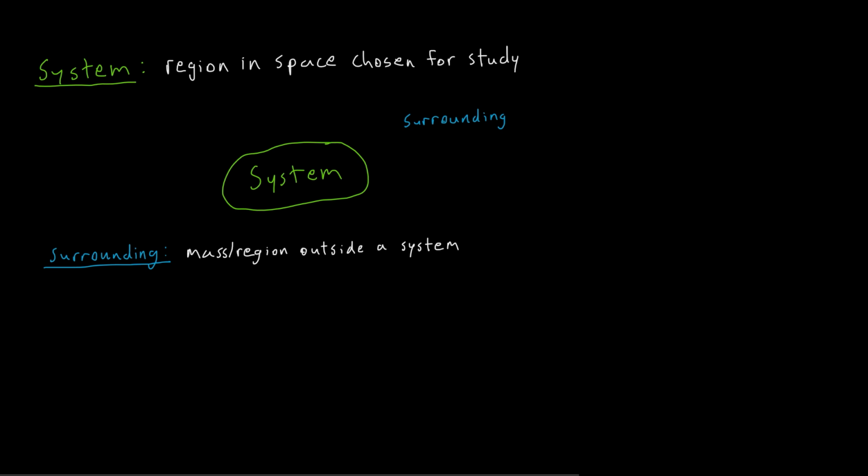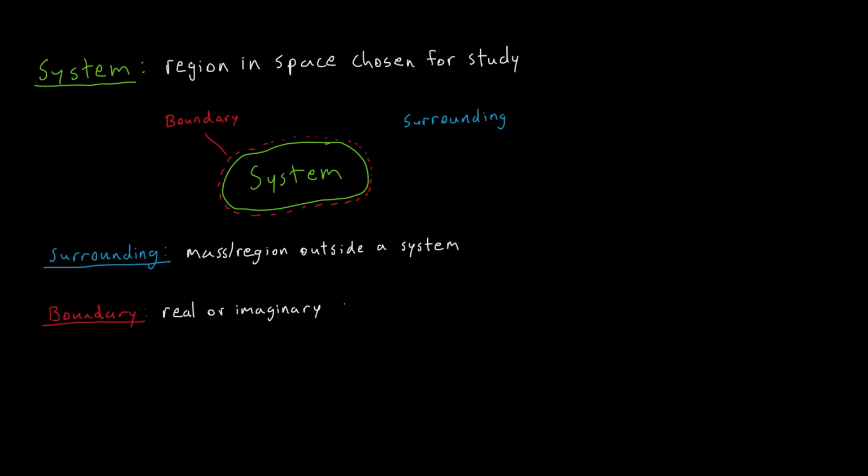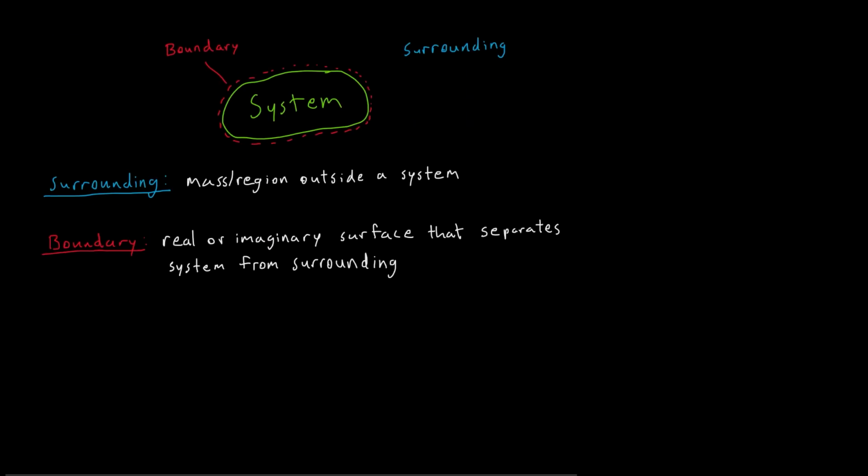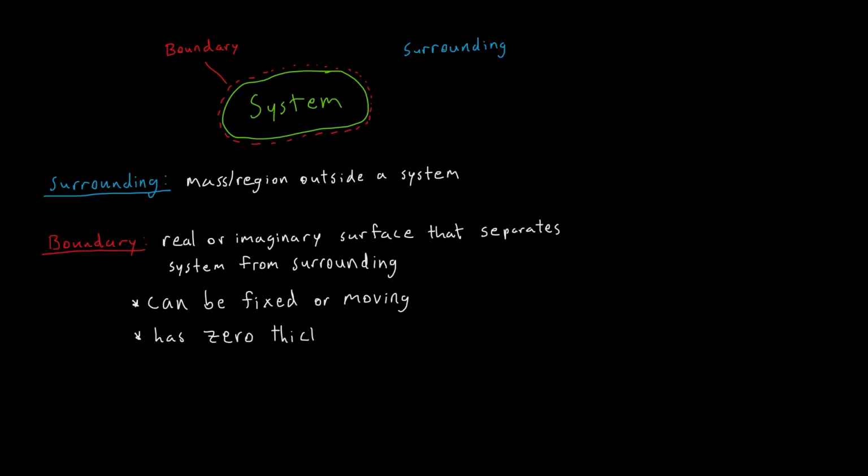The next thing we have, particularly between the system and the surroundings, is the boundary of the system, which, like the name suggests, is a real or imaginary surface that pretty much borders the system and separates it from the surrounding. And note that boundaries can either be fixed or moving, and mathematically speaking, they have 0 thickness and 0 mass.